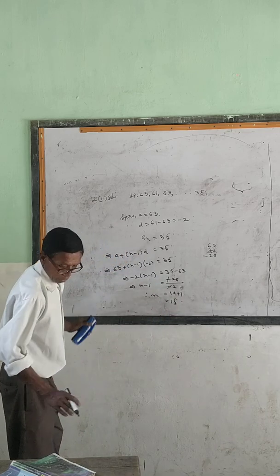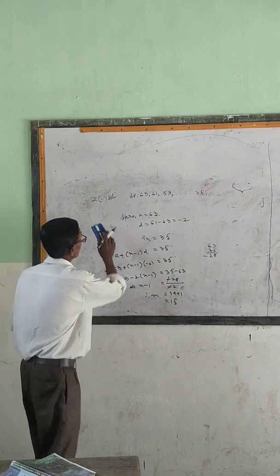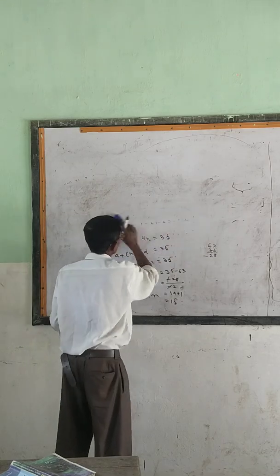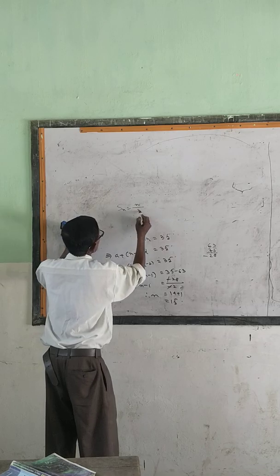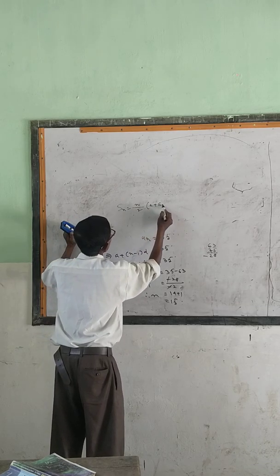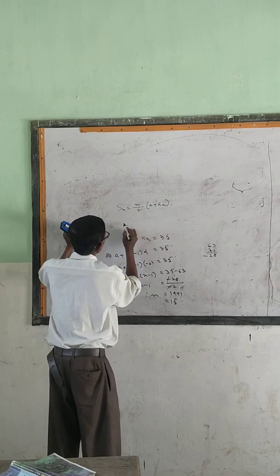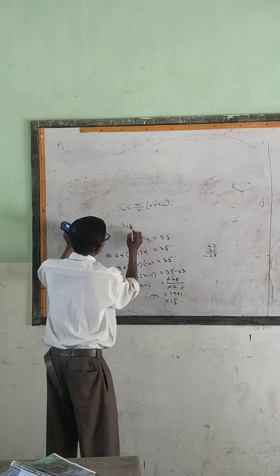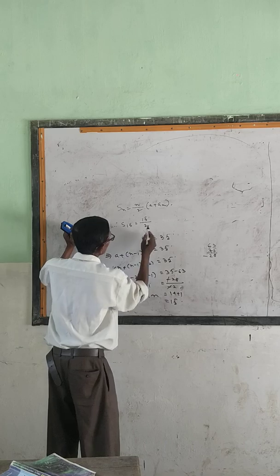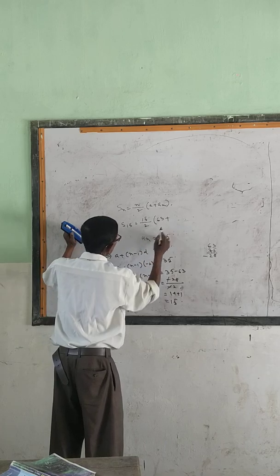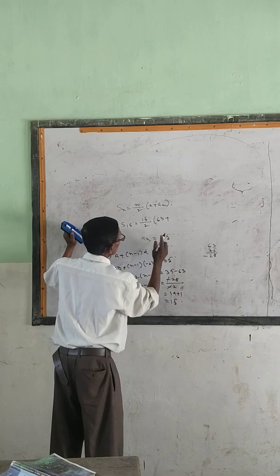Okay? So we have to apply that formula again. What formula? Sn equal to n by 2 times (a plus an). So S15 is 15 by 2, a how much are we getting? This is 63, an how much? 35.